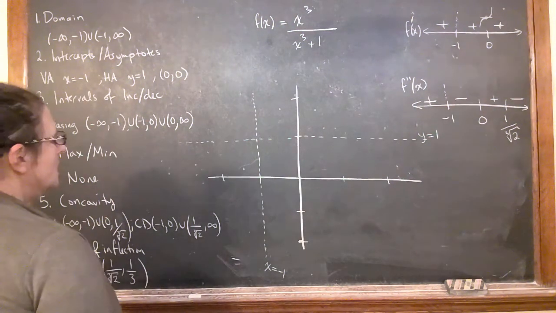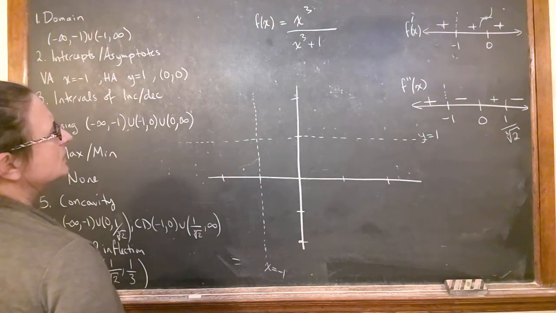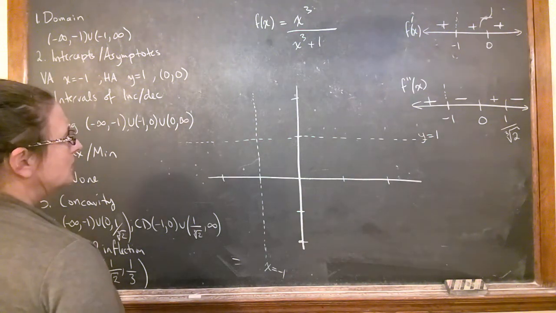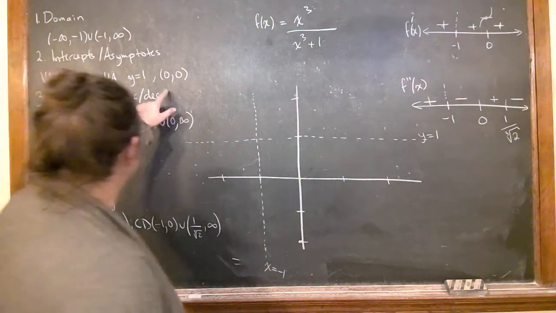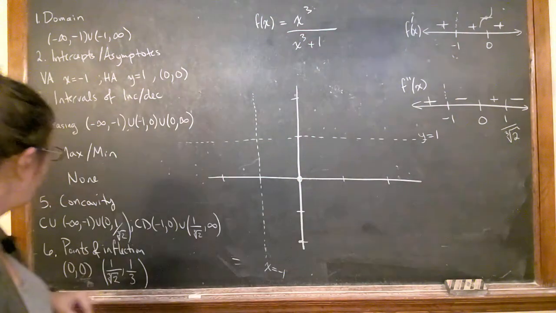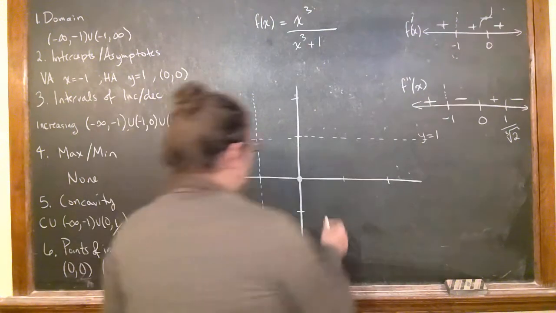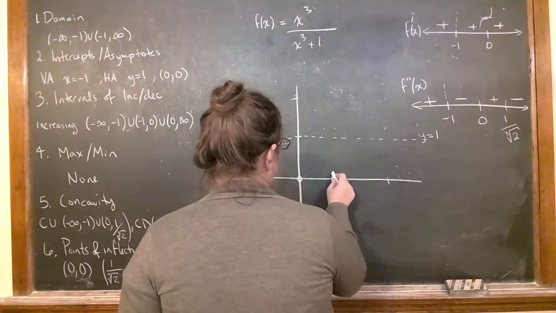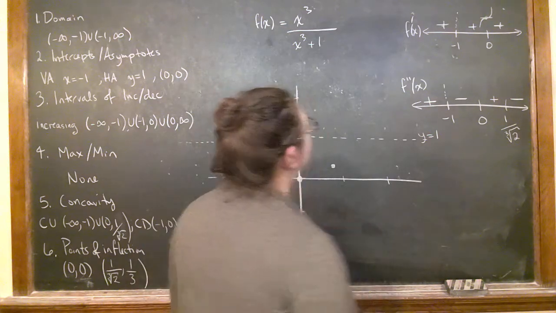Okay, so what else do I have? I've got the point at 0, 0, right? And I've also got this point at basically 0.8 and 1/3, so that's like here.